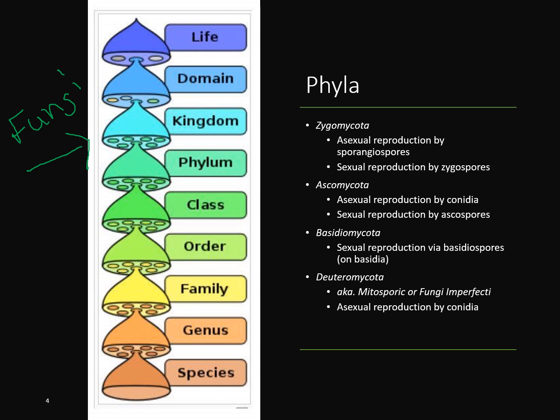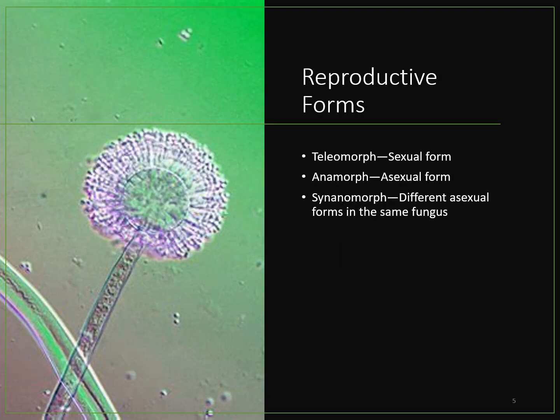And the method of reproduction we will discuss a little bit more as we get further into this lesson. Again, the reproductive forms can be teleomorph, which is also known as a sexual form of reproduction, anamorph, or an asexual form, or synanamorph, which is different asexual forms in the same fungi.